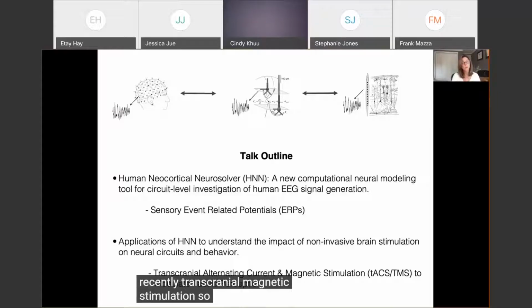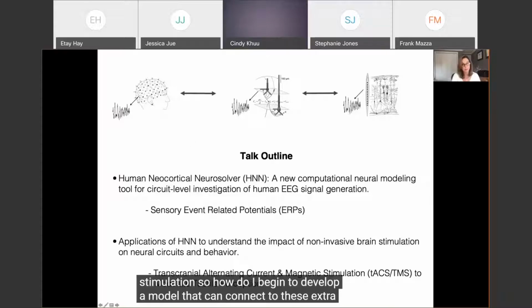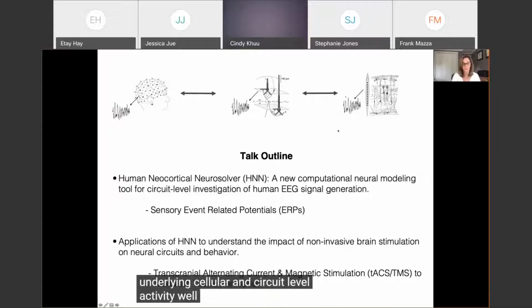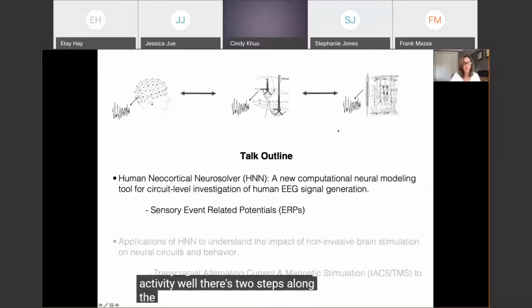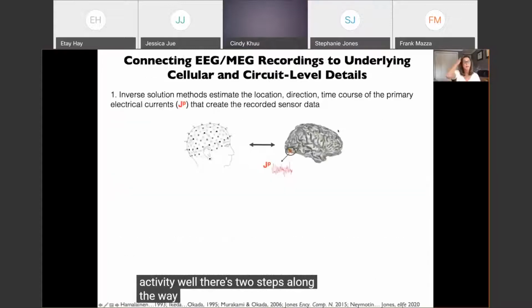So how do we begin to develop a model that can connect these extracranially measured EEG signals to the underlying cellular and circuit level activity? Well, there are two steps along the way. The first is that we have to realize that EEG signals are generated by big electrical currents in the brain.